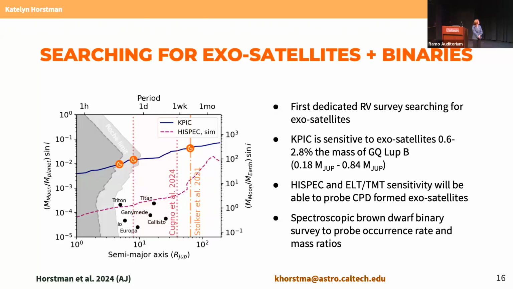Yeah, for this particular survey and looking at particular objects with KPIC, since they're directly imaged, we mostly focus on these younger and brighter systems. But I think that taking a look at how this changes with age is also something that's really interesting once we have access to these cooler, older planets, which some of the people here have been talking about. And I think that there are some good candidates to start looking around. Thanks.